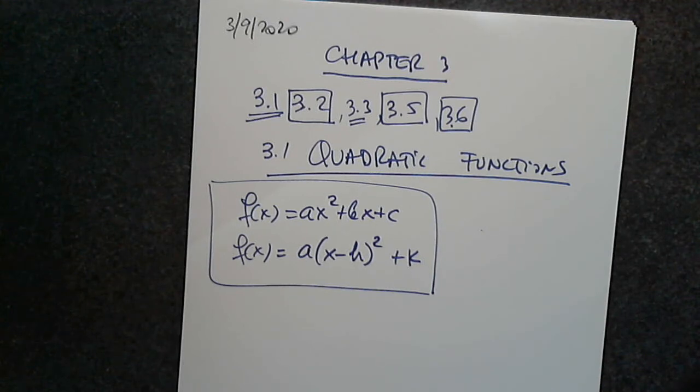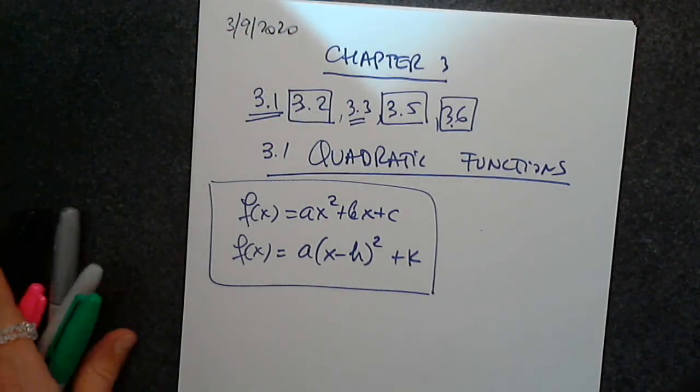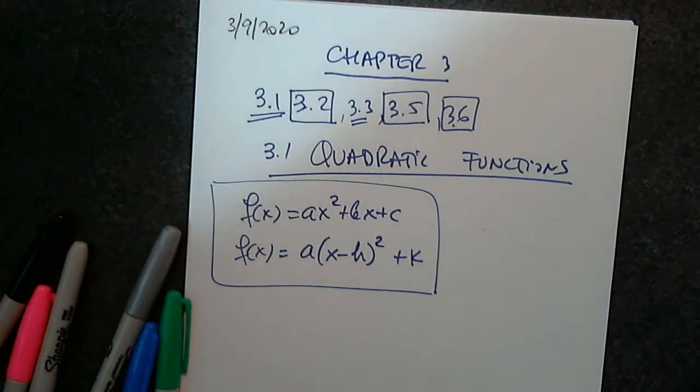So can anyone say anything about the first form in comparison to the second form, or anything about the second form in comparison to the first? What is the difference, if you want, between the two?